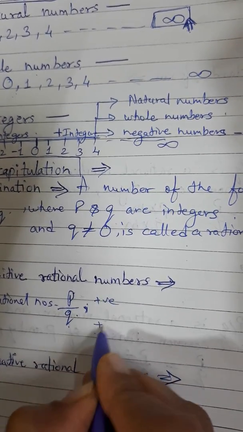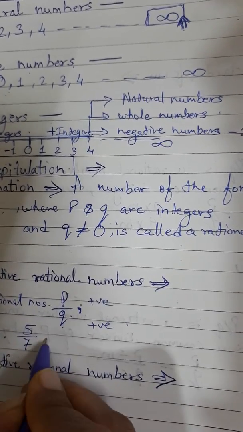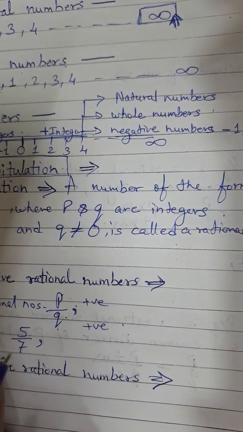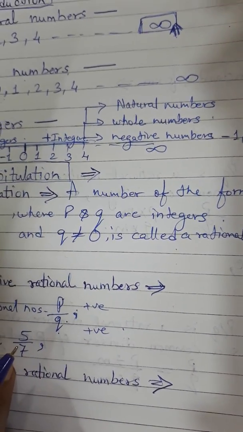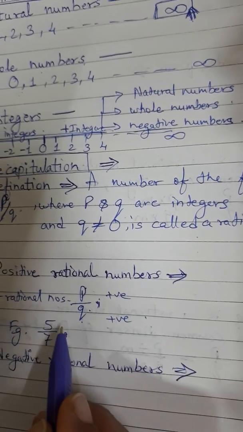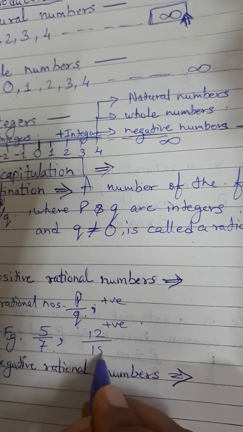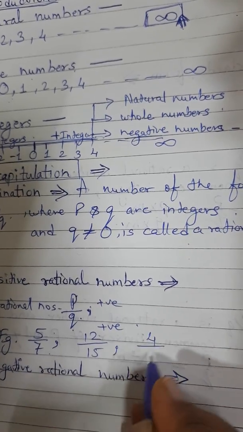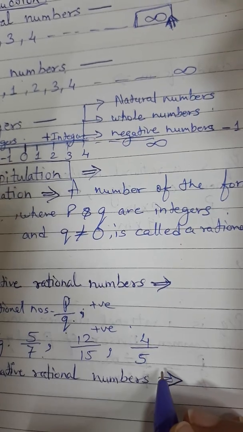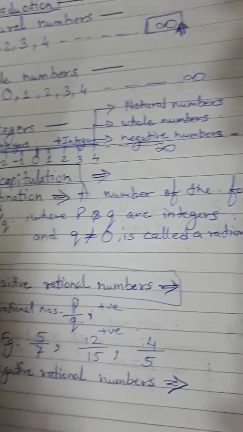For example 5 upon 7. If there is no sign, it is a positive rational number: 5 upon 7, 12 upon 15, 4 upon 5, anything. But it should be positive in the numerator and in the denominator also.